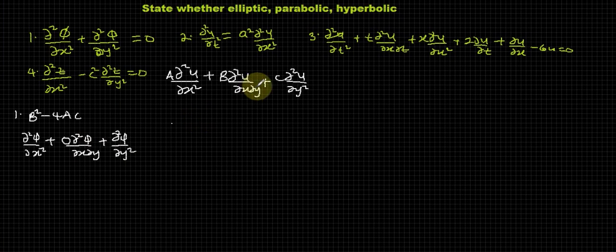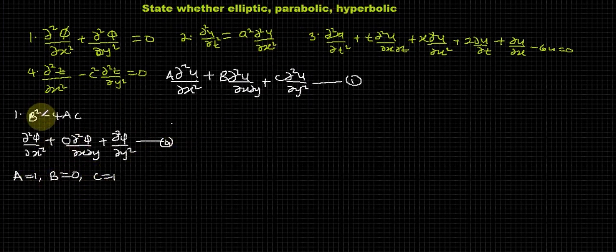Let's call this equation 1, and comparing it with equation 2, you discover that the coefficient a here is 1, the coefficient of b here is 0, and the coefficient of c here is 1. So let's solve this and see.